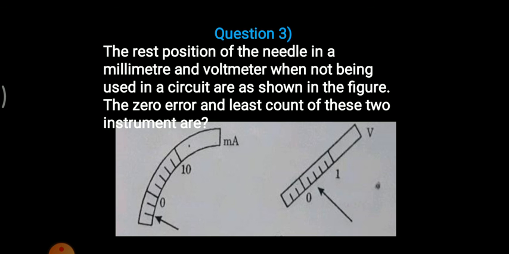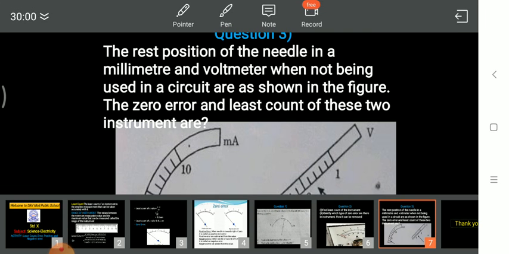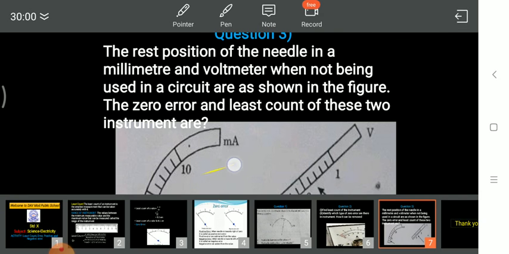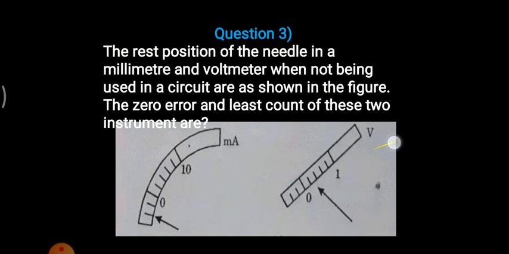The question says the rest position of the needle in the milliammeter and voltmeter, when not being used in a circuit, is as shown in the figure. You have to find out the zero error and the least count of these two instruments, of both the milliammeter and voltmeter. So I hope you have understood this activity.